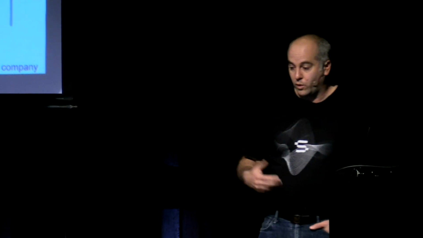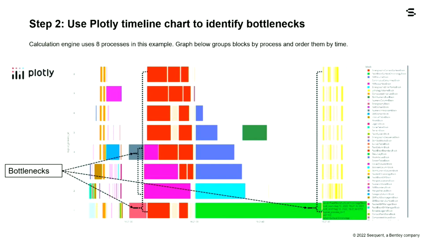The second way is, how do we make sure that the parallelization is efficient? And how do we identify when processes are basically idle? That's where Plotly comes into the picture. So in that graph, our calculation engine has 8 processes available to parallelize the calculations.